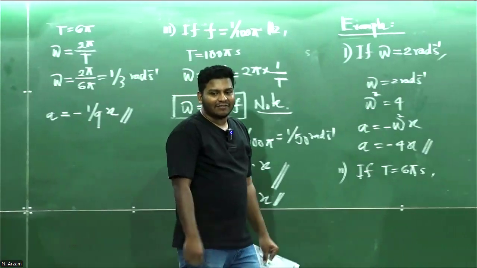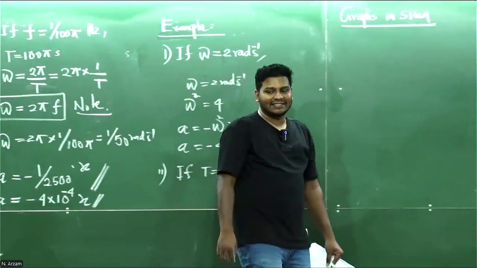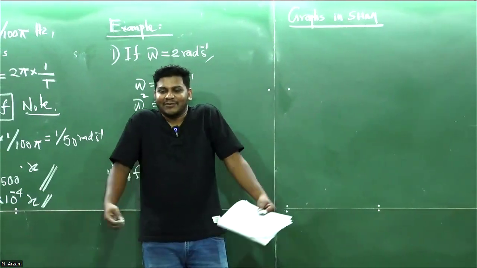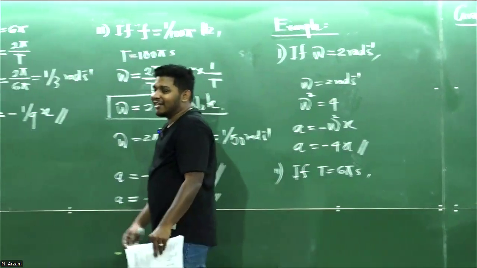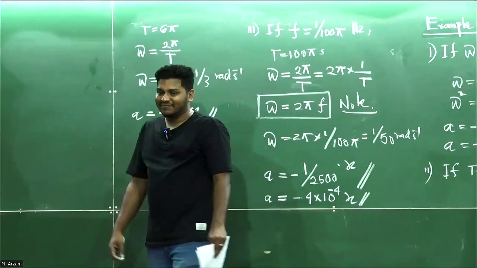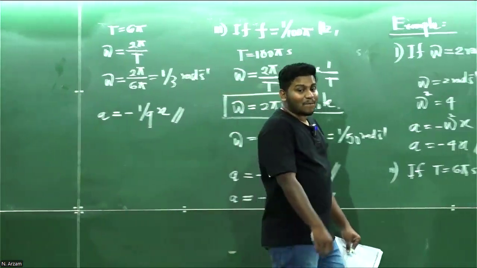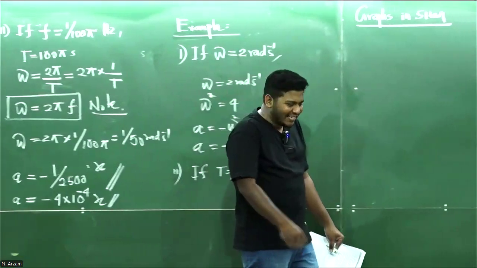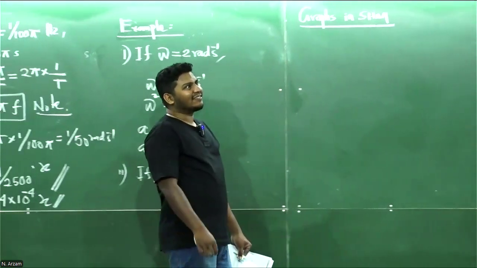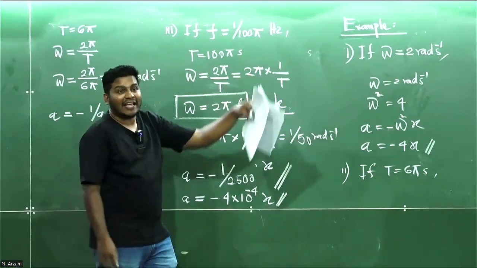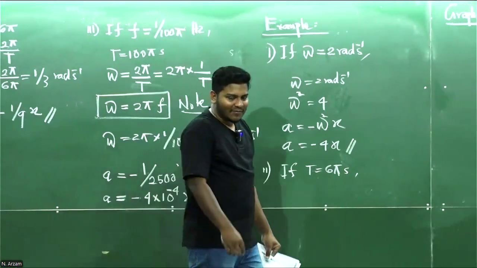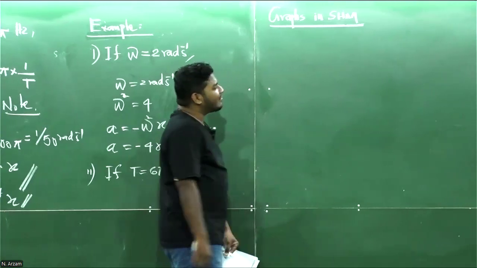The area of the F-t graph is the change in momentum. Can you remember? Ah, right. Now only the bulb is blinking. Okay, we studied that, right? That's why revision is very important. Okay, graphs in simple harmonic motion.